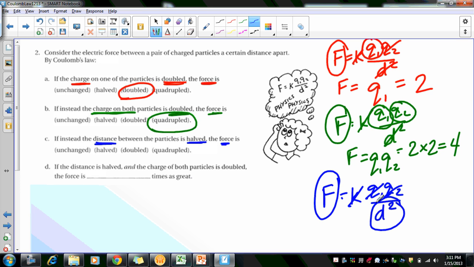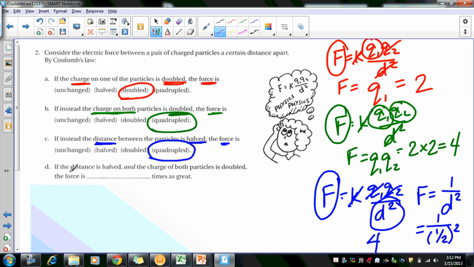And so again, we get that F equals 1 over D squared. And so now we have 1 over 1/2 squared. And if you put that in your calculator, you get 4. So if the distance halves, the force will quadruple.